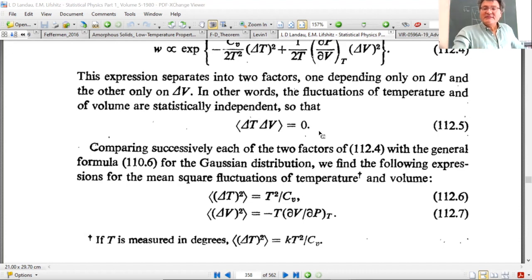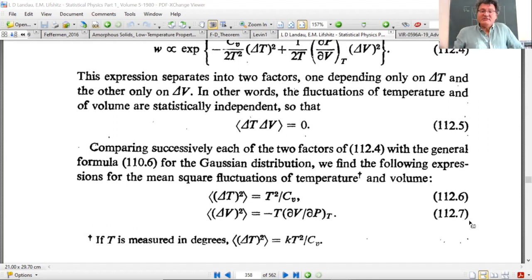And look at the following equations, number 6 and number 7. They tell us how much is the amplitude of this fluctuation, the average value of the square of the fluctuations, so the variance.